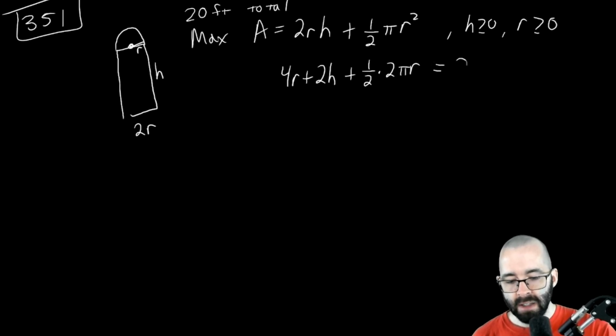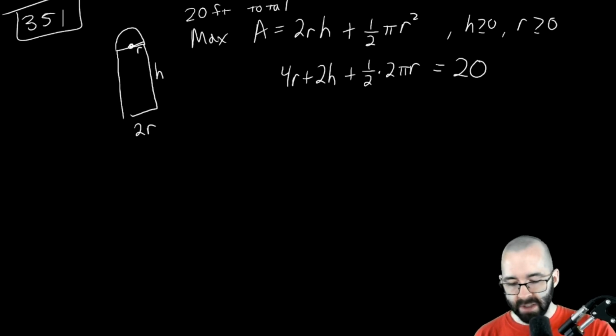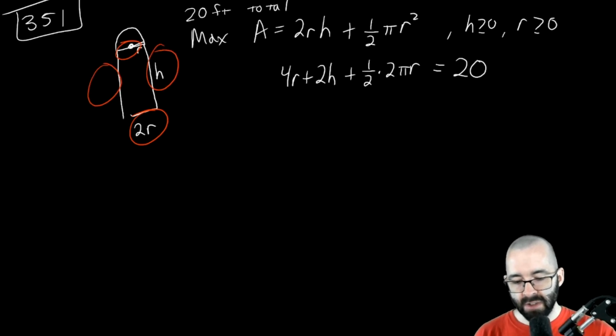Adding up all of these needs to be 20 feet. Again, let me just make sure. 2r plus 2r is 4r, plus h is 2h. And then half the circumference of a circle of radius r is 1/2 of 2 pi r.